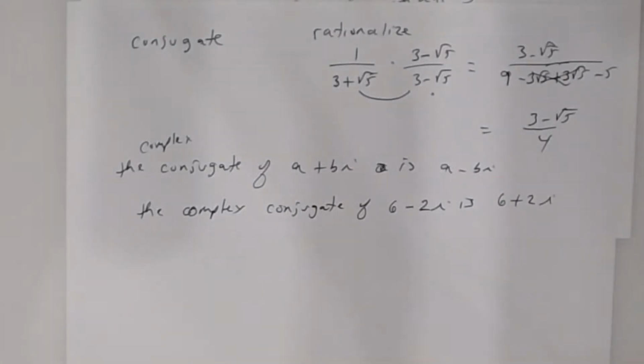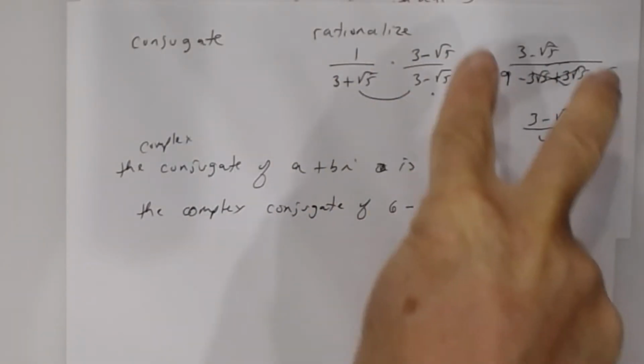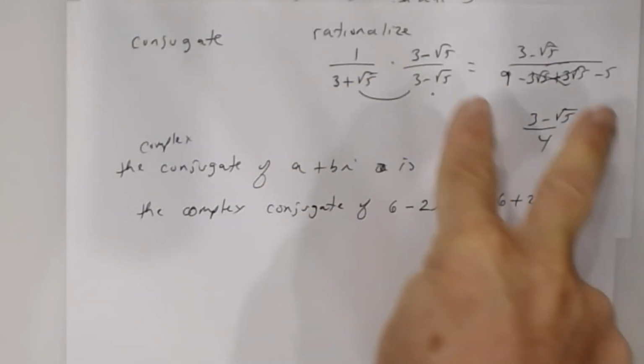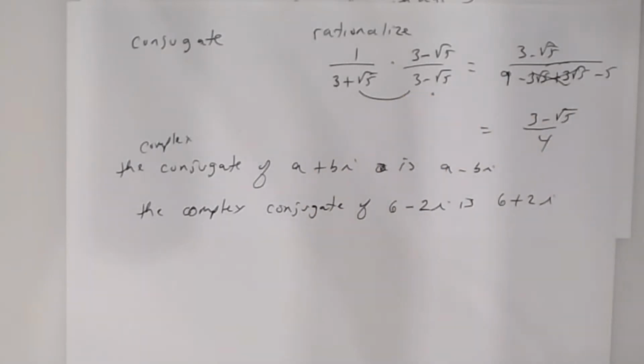Okay? Now that's going to be important in a little while, the idea of conjugate. We can use that same idea that we did last semester with these irrational numbers. So to find the conjugate, you're just going to change the sign of that Bi, right? You put it in standard form and then you change the middle sign. Basically, that's all you're doing.